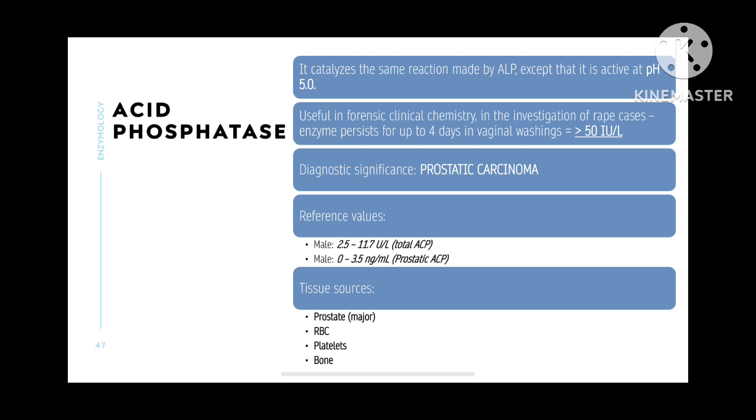Acid phosphatase functions at an optimal pH of approximately 5. ACP activity is found in the prostate, bone, liver, spleen, kidney, erythrocytes, and platelets. The prostate is the richest source, with many times the activity found in the other organs or tissues.